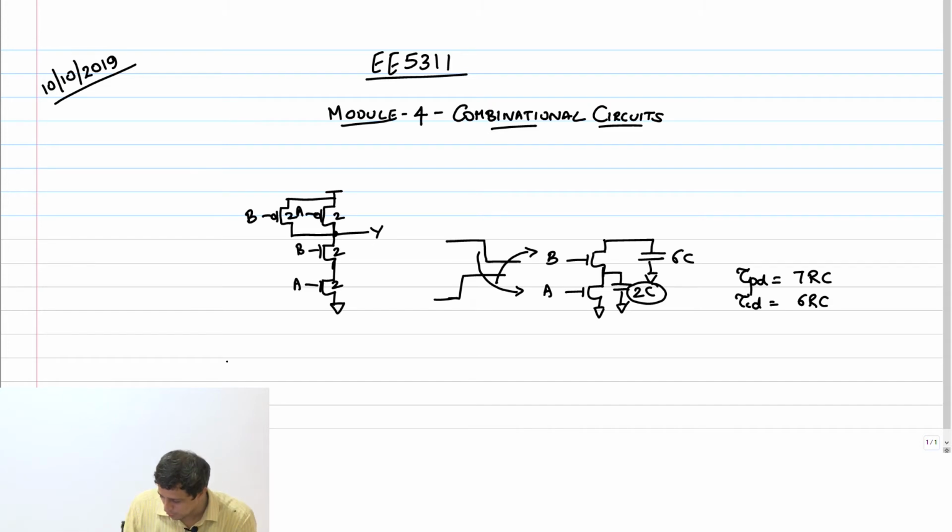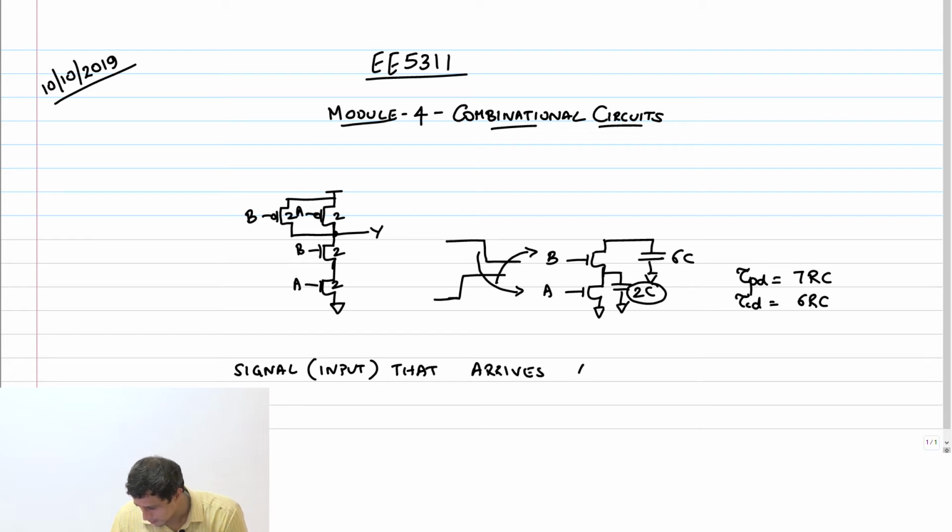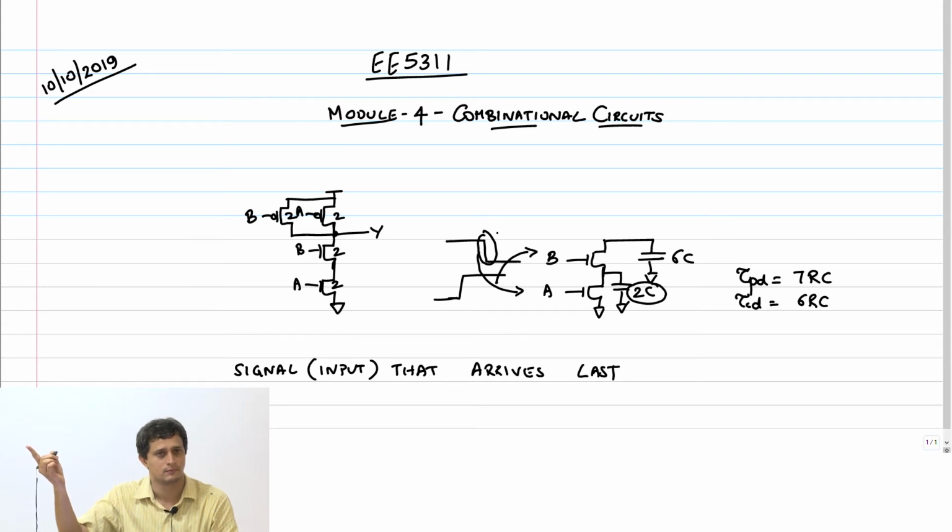Okay. So the rule is: the signal or the input that arrives last. What do I mean by arriving last? It means that this transition happens later, right?